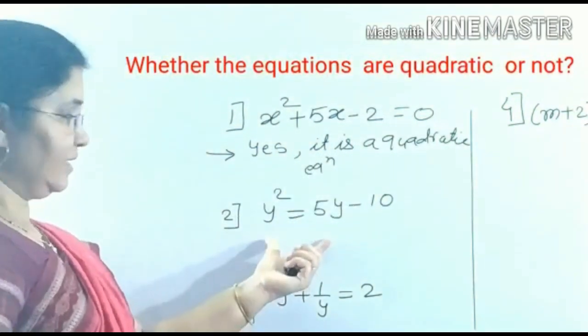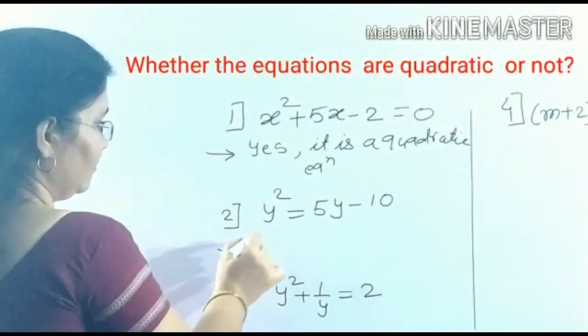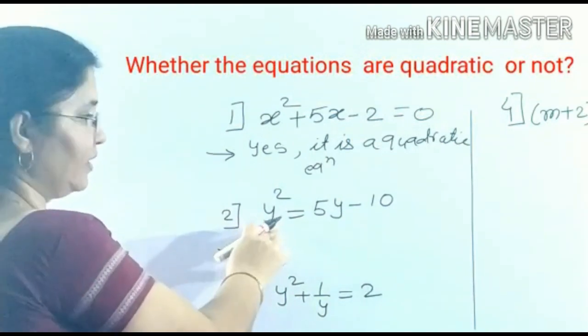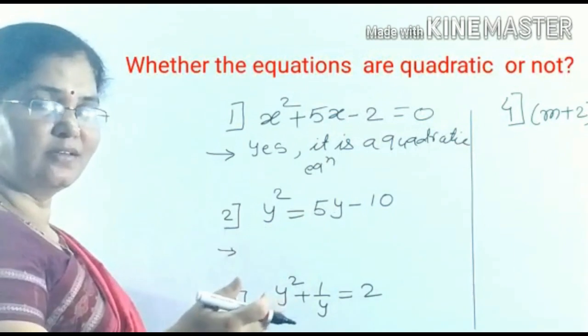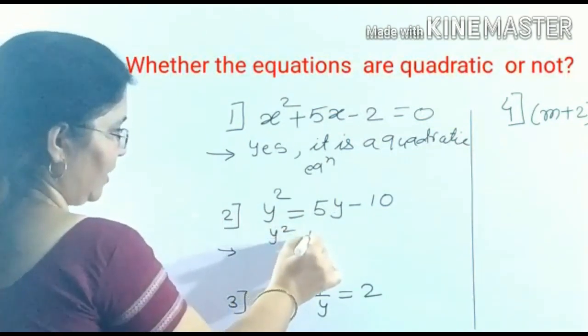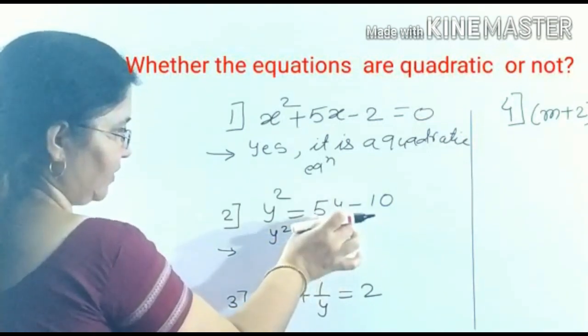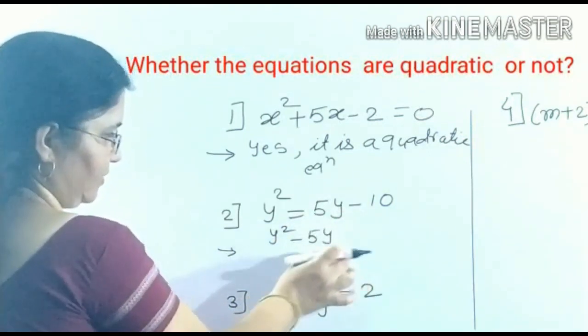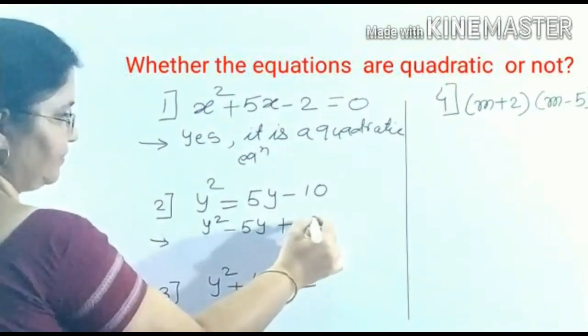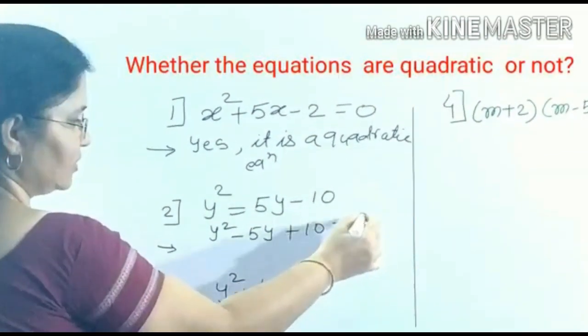Okay, let's take second example. Here, we can see that this equation is not in the format of ax square plus bx plus c. Convert this. It is y square minus 5y. This 5y goes to left and this minus 10 goes to left. It becomes plus 10 is equal to 0.